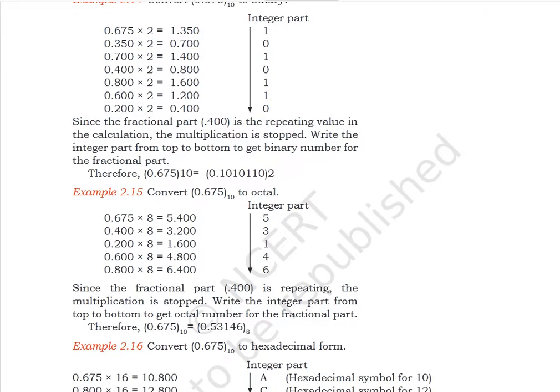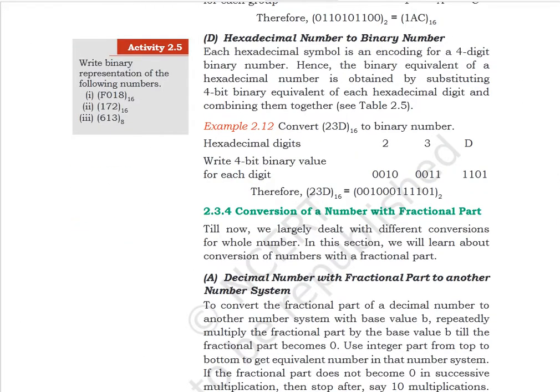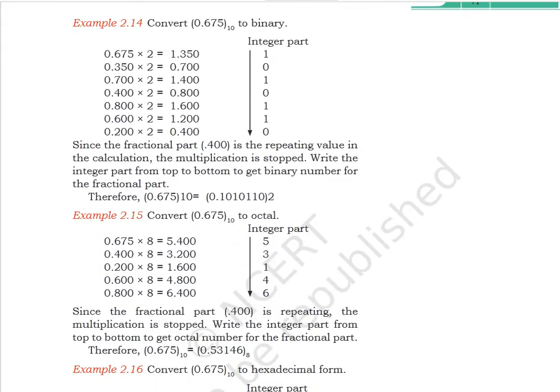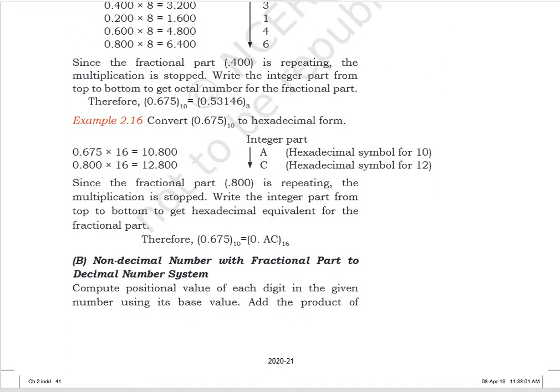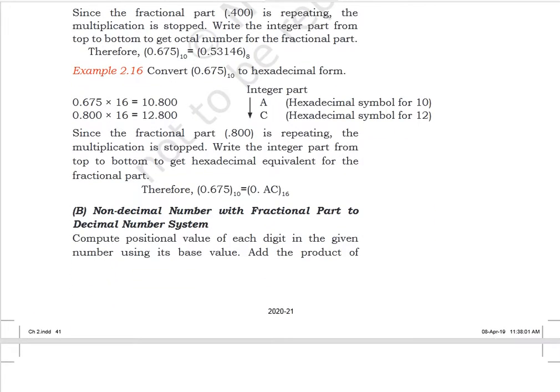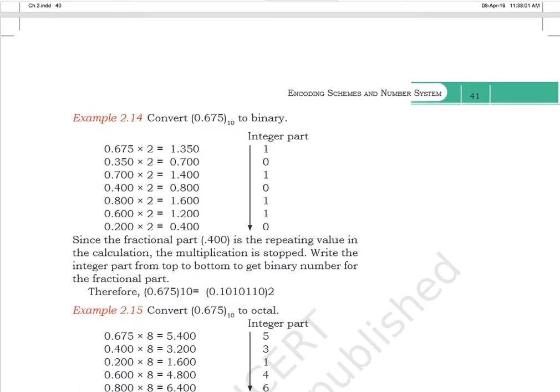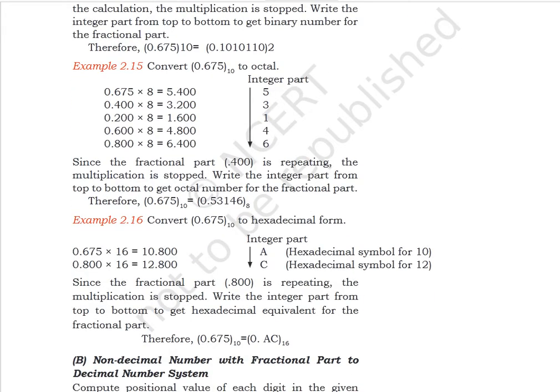Okay, this part we have done here, decimal to binary number, fractional part, and here we will learn how to convert decimal to octal number system. For the binary number system, what was the procedure?